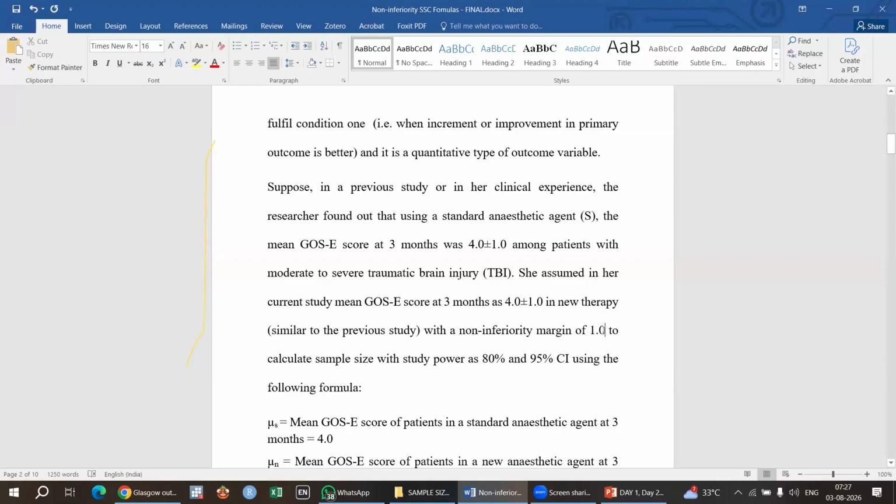She has taken 90% power and 95% CI to calculate the sample size using this formula.